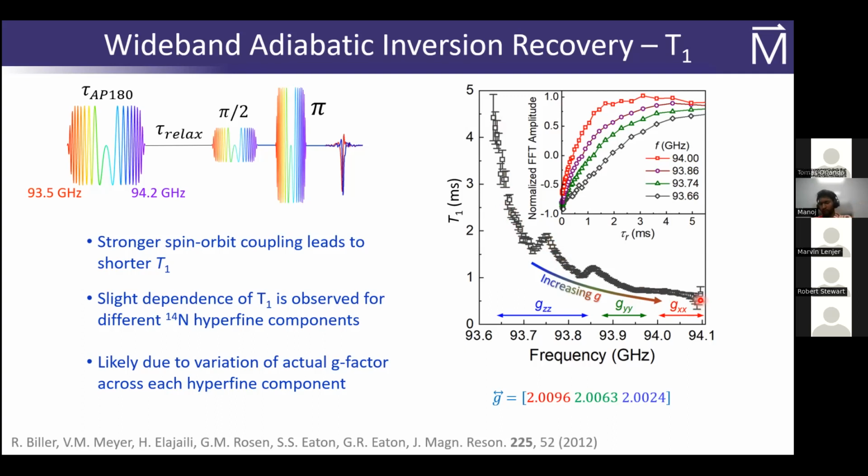Not only do we see a clear anisotropy, we also see some dependence across these nitrogen hyperfine components. This anisotropy in T1 is attributed to the variation in g values. The longer T1 is due to the shorter g values, which means small spin orbit coupling strength.